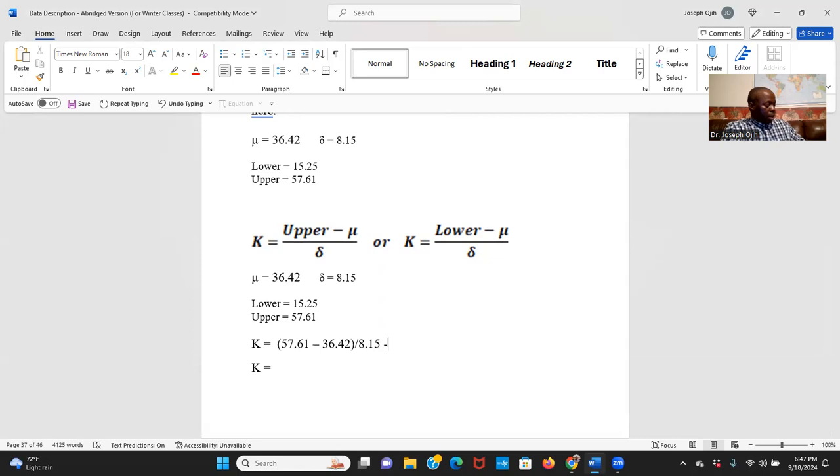So we have k equals 57.61 minus 36.42 divided by 8.15.